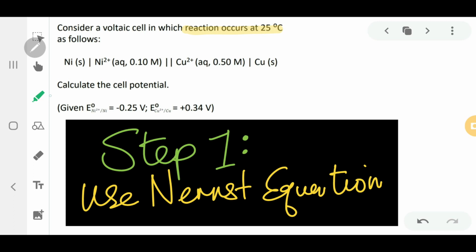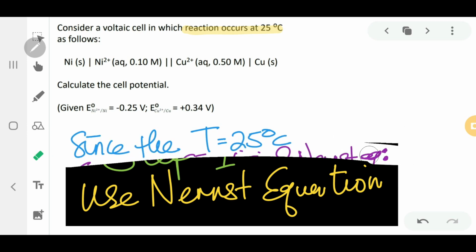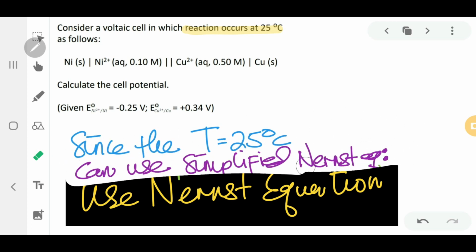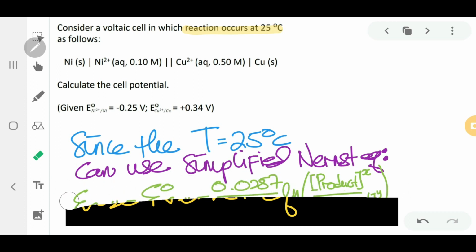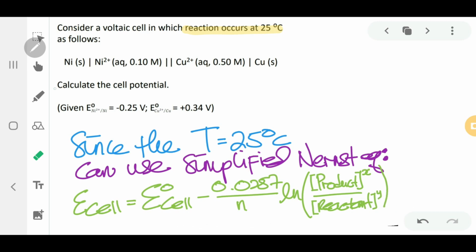If the question has a temperature of 25 degrees Celsius, we can use the simplified version of the Nernst equation, which is this one in the green bits. Do remember that you're going to use ln over here. If you want to use log, you can use the other simplified version, and that one you can look up in other reference books or you can Google it.